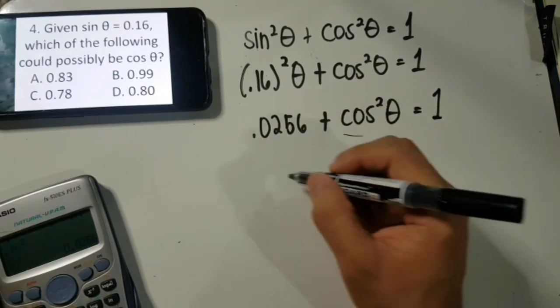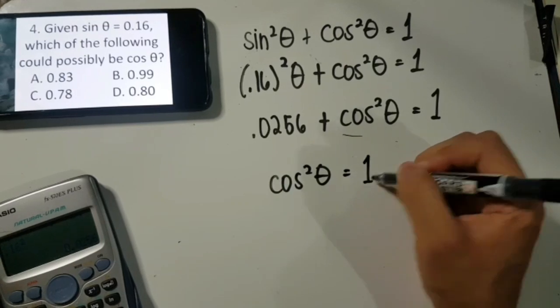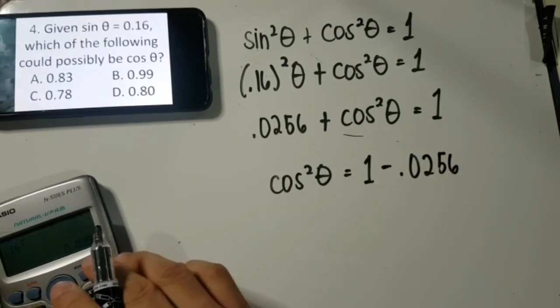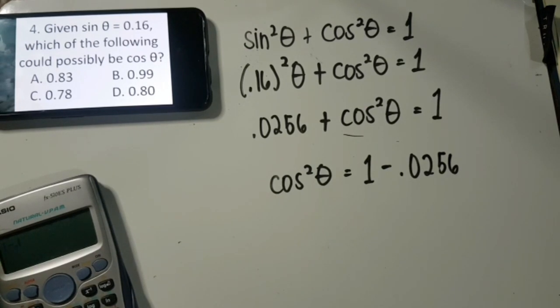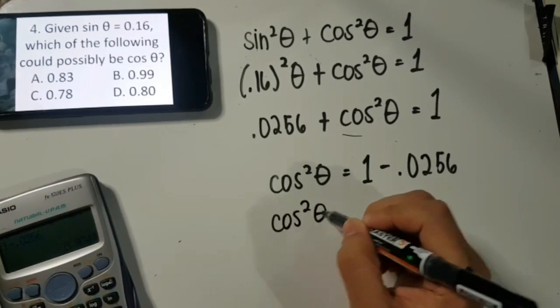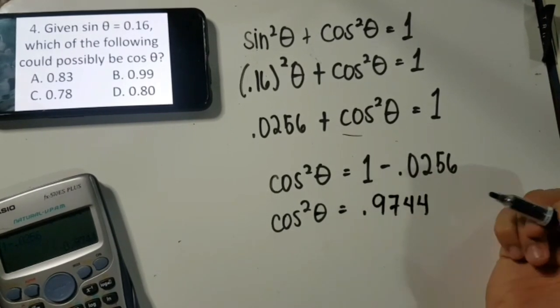So therefore cancel na ito. So we are left with cosine squared theta is equal to 1 minus 0.0256, that is 0.9744.